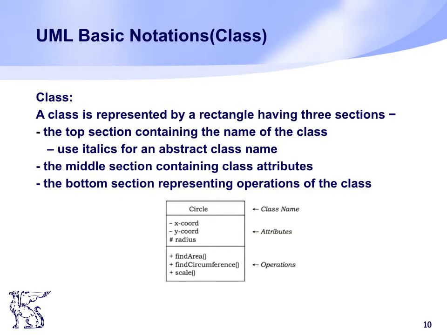In the previous figure you can see we assume that the x coordinate and y coordinate are private data, the radius is protected data, and the member functions are public. So that's visibility, and this is the notation to represent a class.